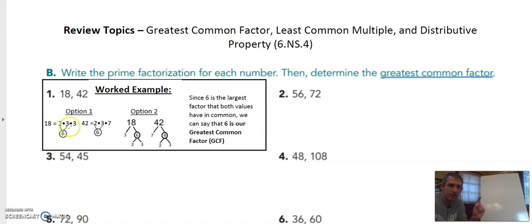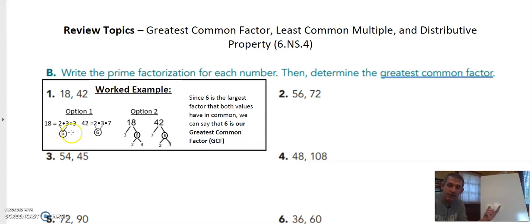So 2 and 3 appear in both of these prime factorization lists, okay? So 2 and 3 must be in both 42 and 18. It's kind of like in their DNA, if you will. Okay, 3 and 7 are not something they have in common, because this has a 3, this has a 7. That DNA is not the same, if you want to look at it that way. So 2 times 3, which is 6, is our GCF, our greatest common factor, okay?